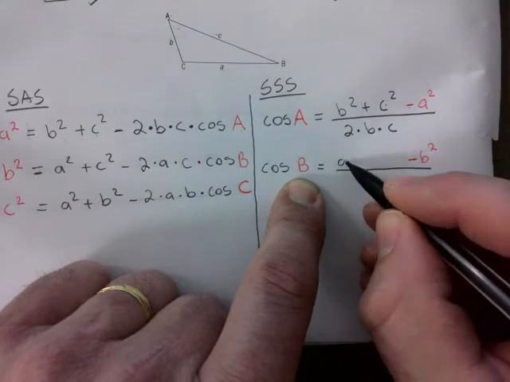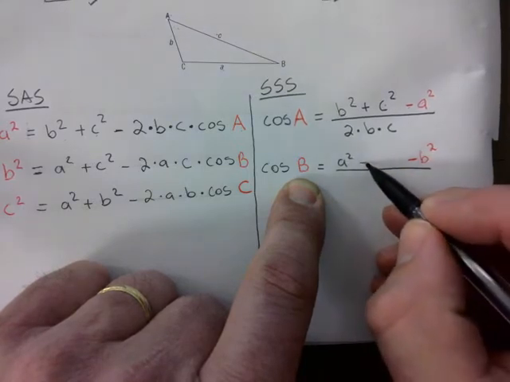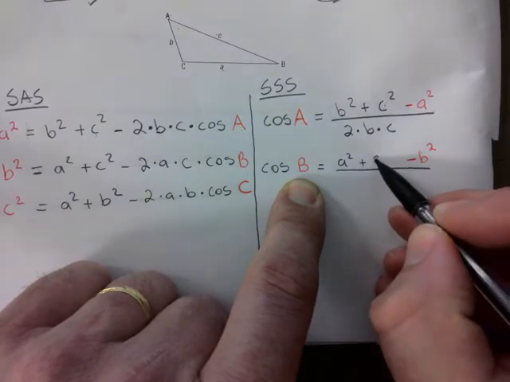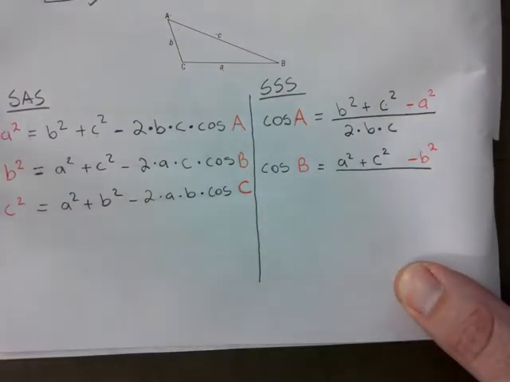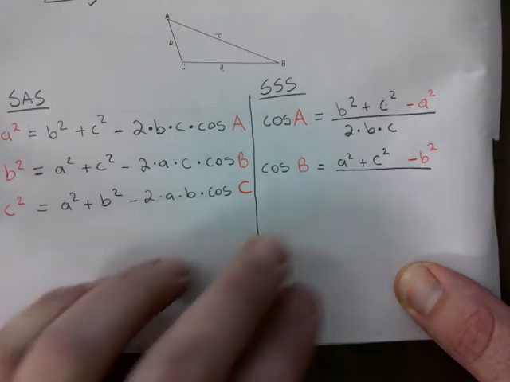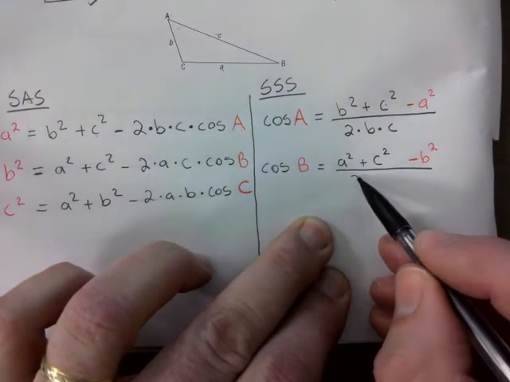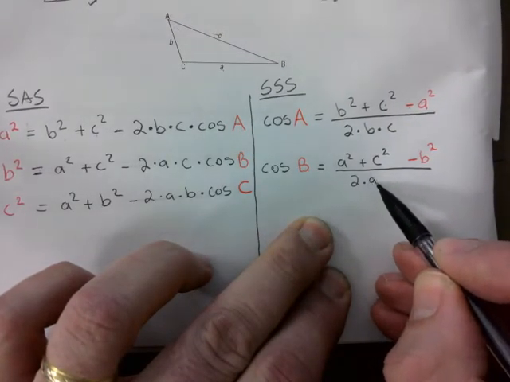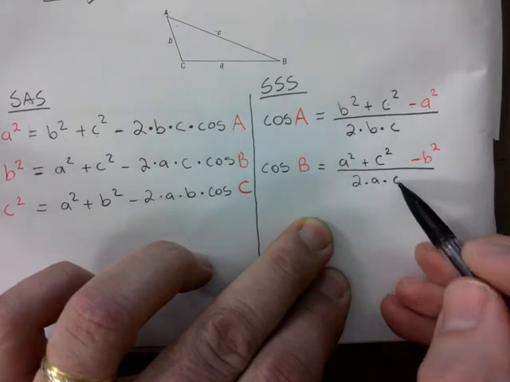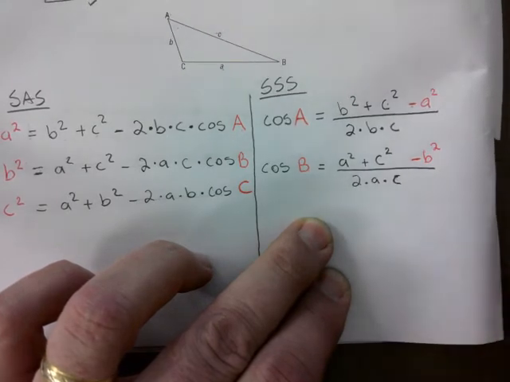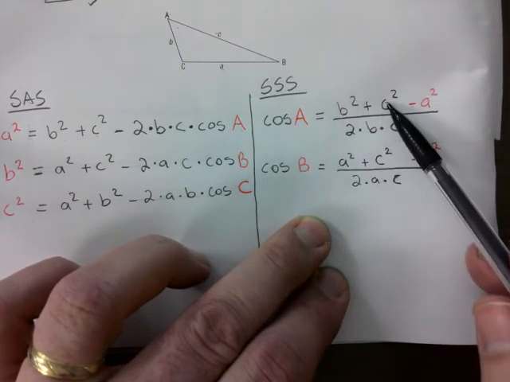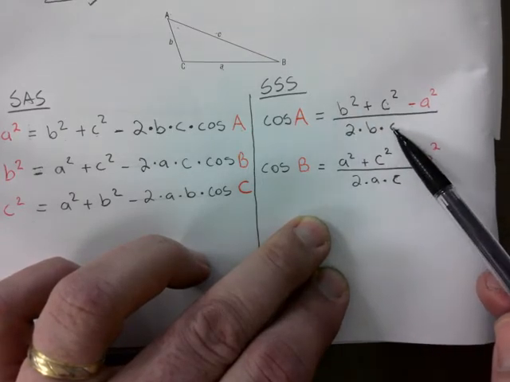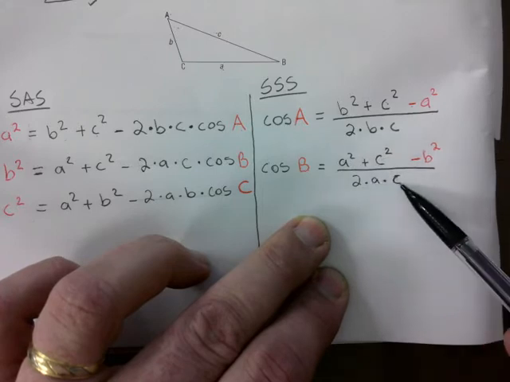Well, side A is left, I square it, and side C is left, assuming that A, B, C are the three sides at play here, right? In the denominator, you go 2 times A times C. So again, BC on the first one, right? BC. AC, AC, right?